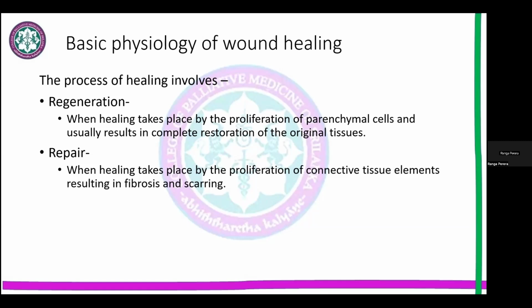Say, for example, a muscle or skin gets damaged. The damaged tissue cannot be completely restored. So what happens is the tissue will produce a fibrous connective tissue meshwork, and then that meshwork will contract and connect the two ends of the healing process, and there will be a scar between the two normal tissues.